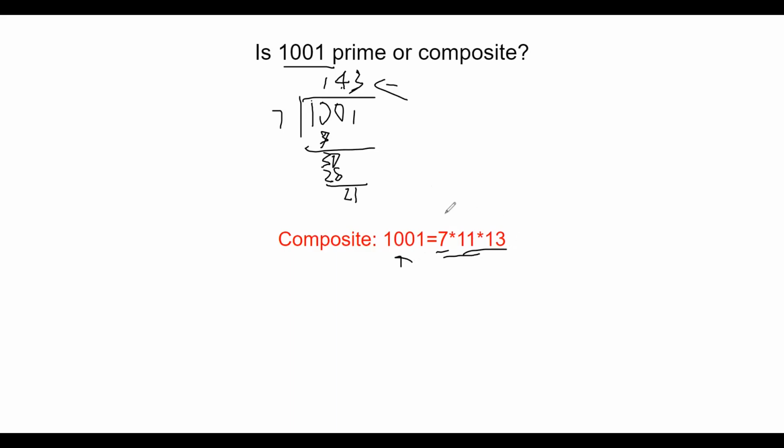Essentially, if we know its prime factors, how many of each prime number multiply to get to it, then we can know what the original number is, and vice versa. So this might seem pretty intuitive, and that's because it is. But just know that the fact that this is a unique prime factorization is pretty important.